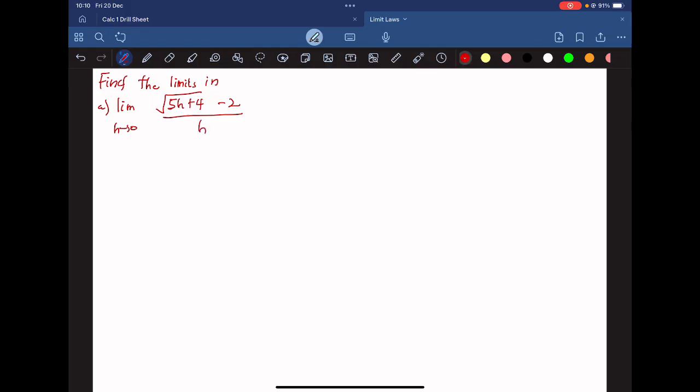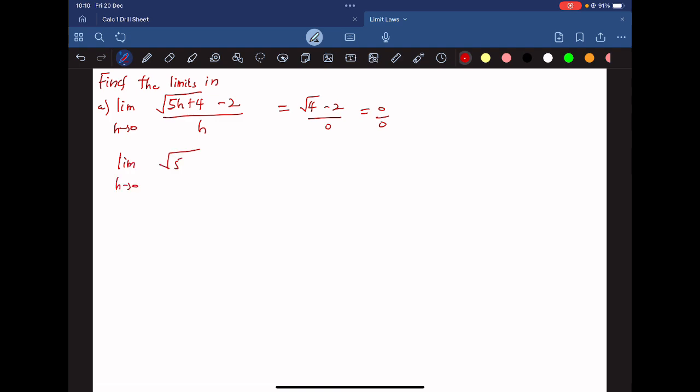So using the same idea, if we put in 0, what do we have? We are going to have root 4 minus 2 over 0, and this is 0 over 0. So remember, since we have a radical, we have to find the conjugate.